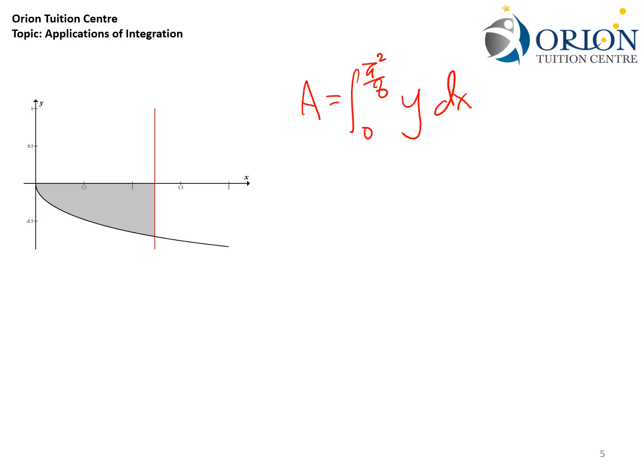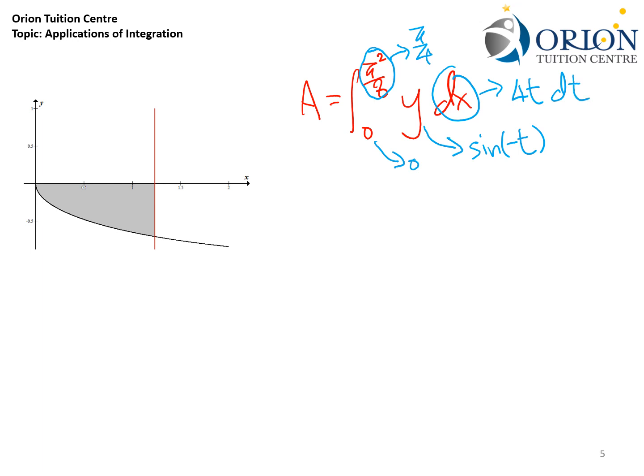Now we have to change everything in terms of t, which means that pi squared over 8, which is an x value, is going to become pi over 4, and 0 is going to remain as 0. And this y over here will become sin(-t), and this dx is going to become 4t dt. Therefore, this integral can be transformed into the integral from 0 to pi over 4 of sin(-t) times 4t dt.